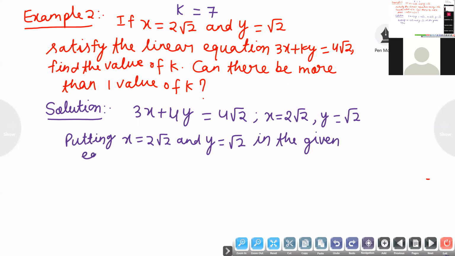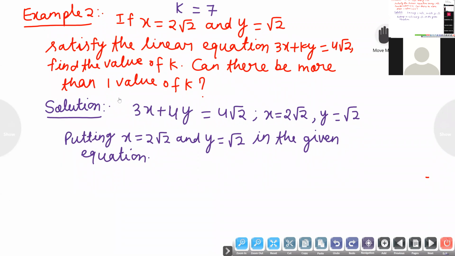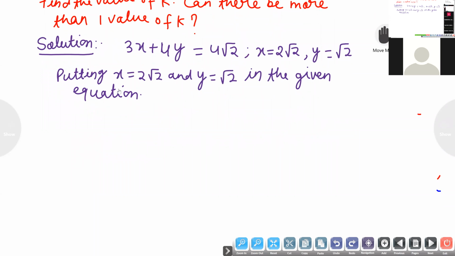Then we can find the value of k very easily.